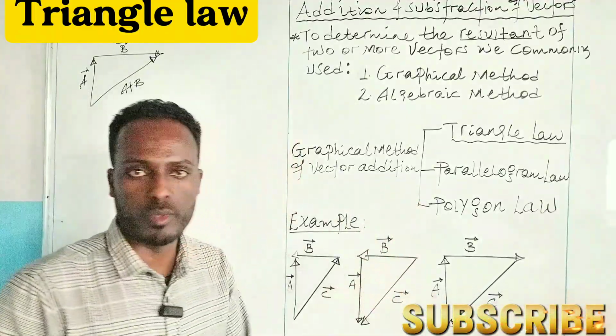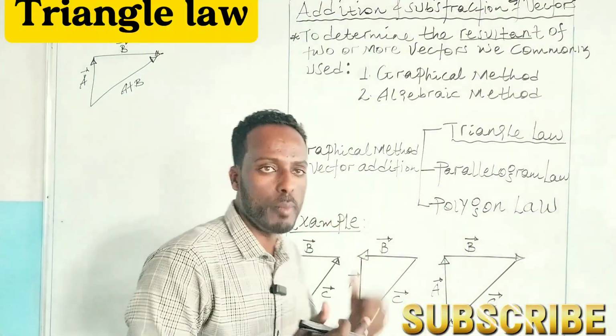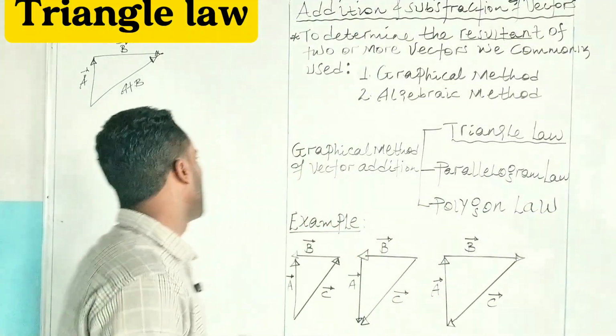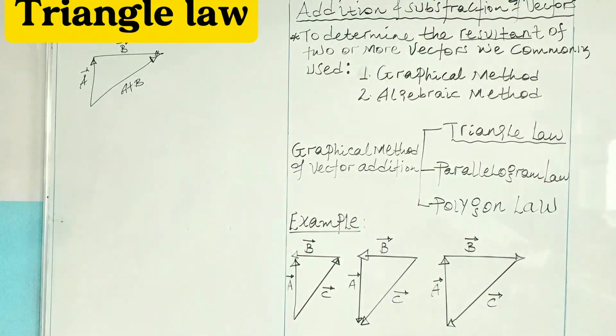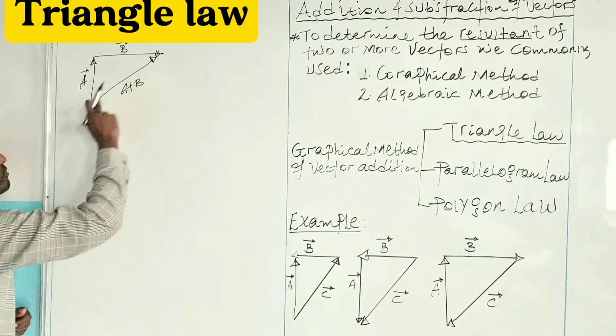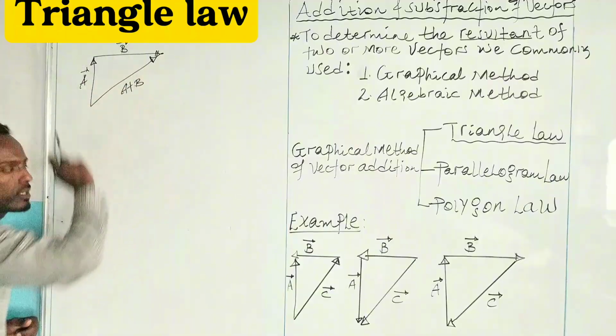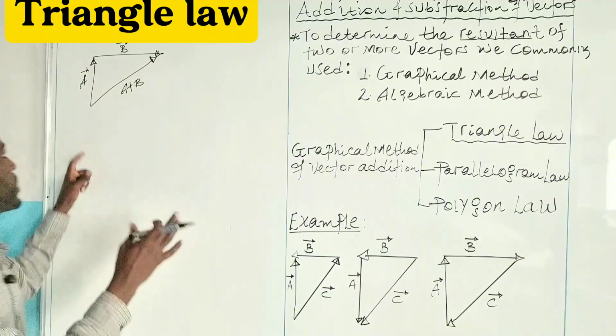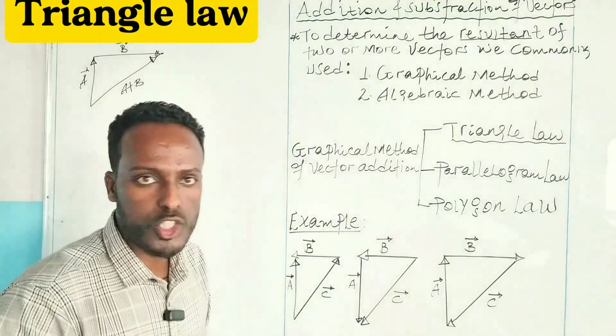One limitation is that the triangle law combines only two vectors. Vector A plus vector B gives the arrow drawn from the tail of the first to the head of the last.